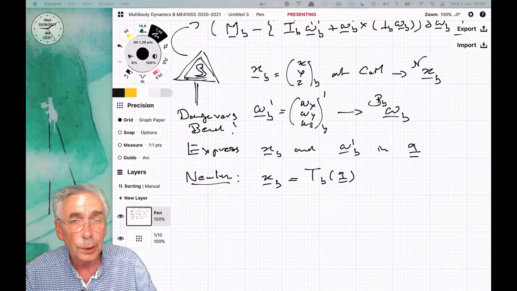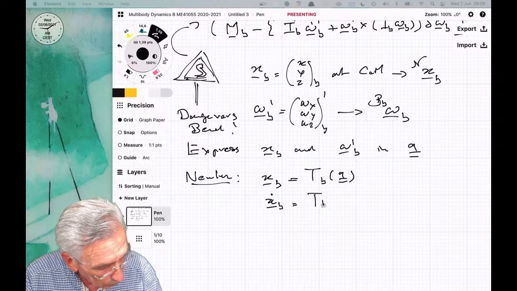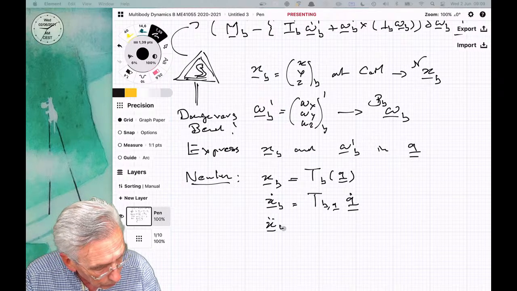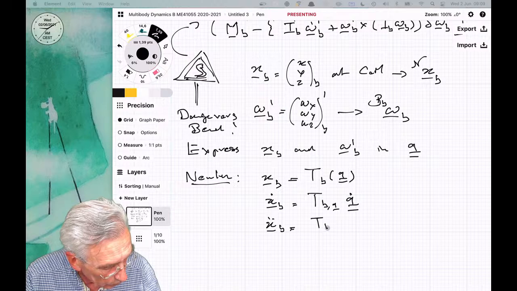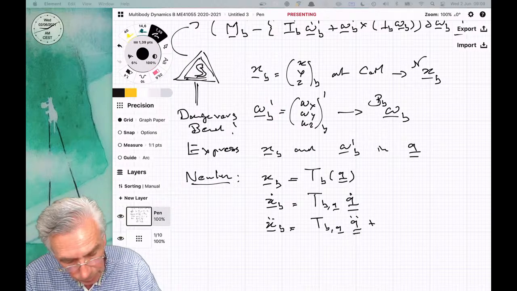And of course, how do we find the speed? Well, we just differentiate: x dot b is t b comma q times q dot, and then the accelerations which we need in the expression is again t b comma q times q double dot plus all these convective terms.